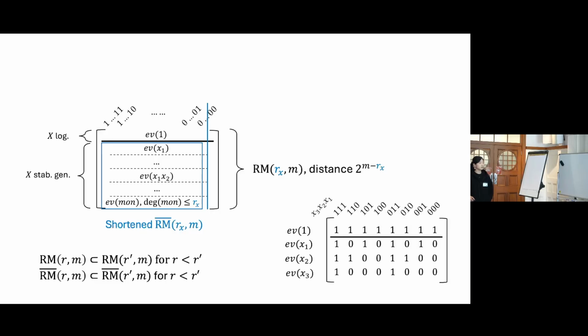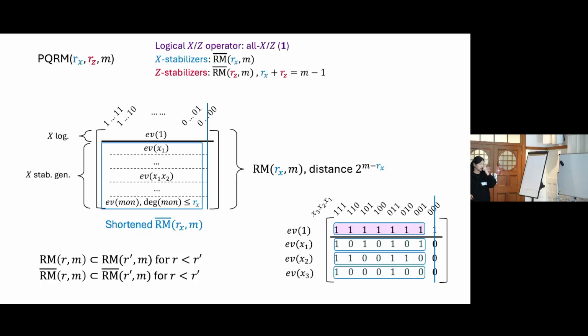Let me be more explicit about this. This is actually the X logical and X stabilizer of the Steane code. It can be obtained as follows: I puncture this, and I only focus on this. So this is the Steane code, the [[7,1,3]] code. The first one is the X logical.